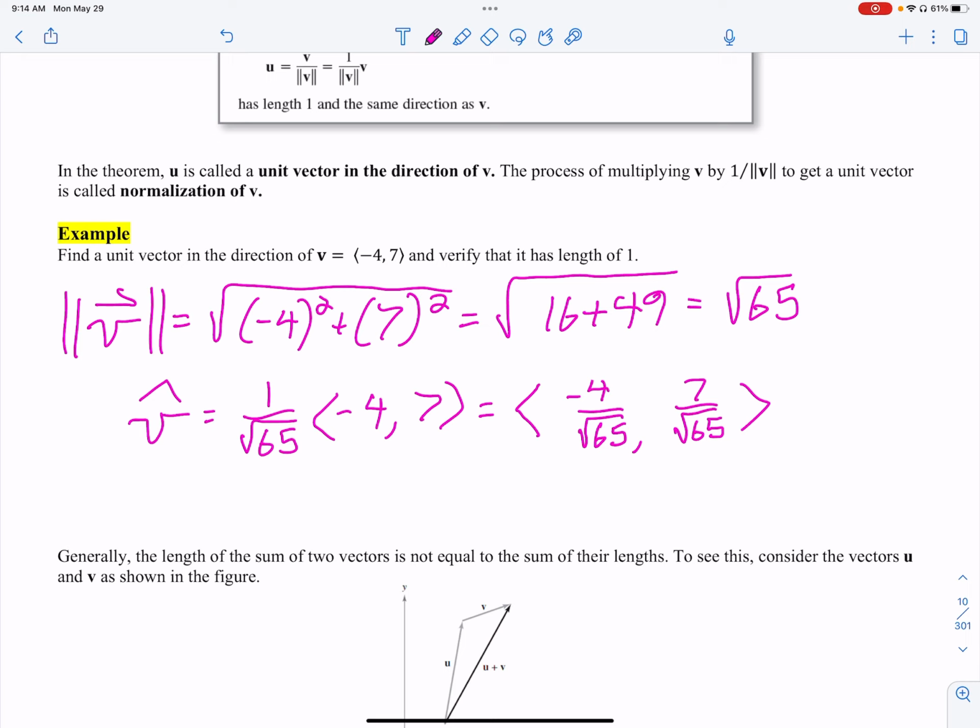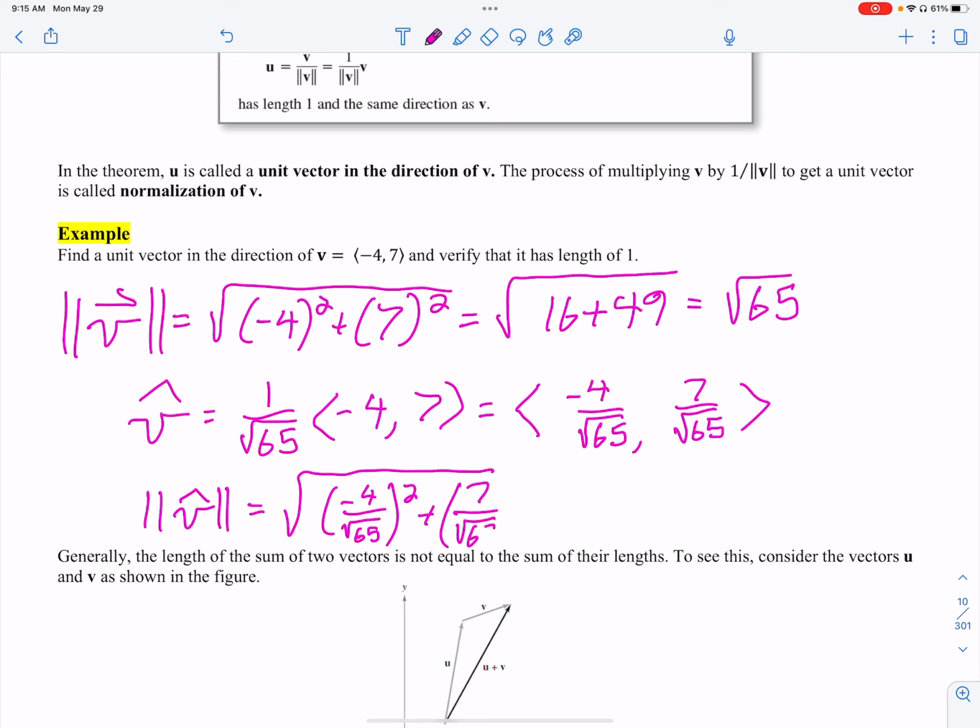So that is my new vector. They also want us to verify that the length of this vector is 1. So I'm going to go ahead and plug all that in. If I multiply that out, I got 16 over 65 plus 49 over 65.